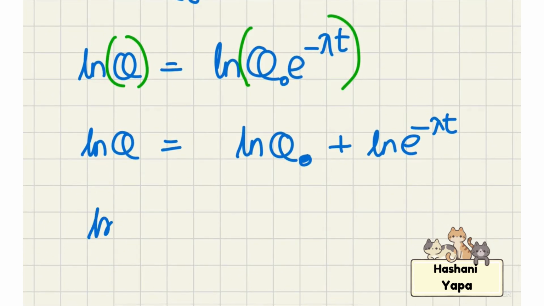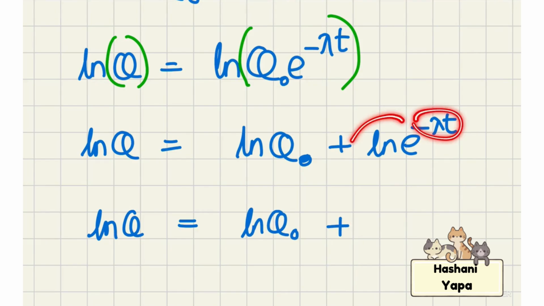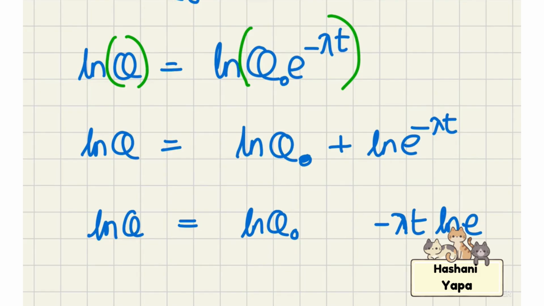You know that the power can jump to the front, so minus lambda t ln e.